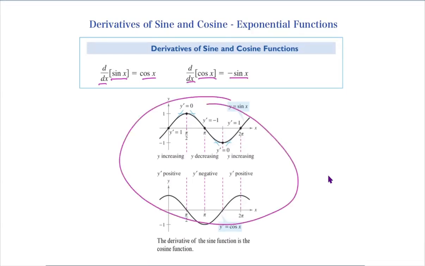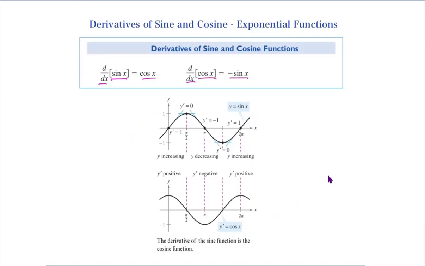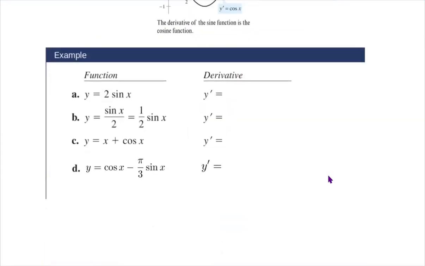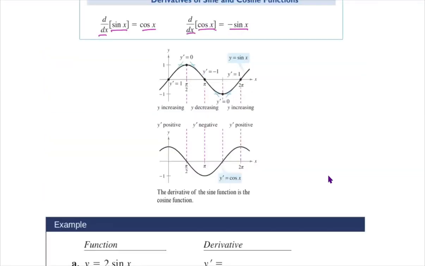Those are things that we're going to be talking about later, but that's what you need to know. The derivative of cosine x is negative sine x, and the derivative of sine x is cosine x.